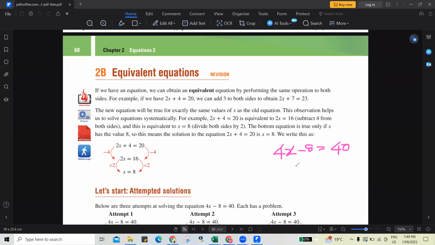Yeah, what's the answer? What will the answer be?